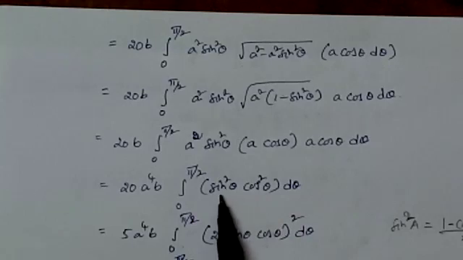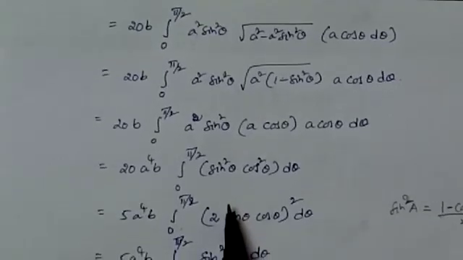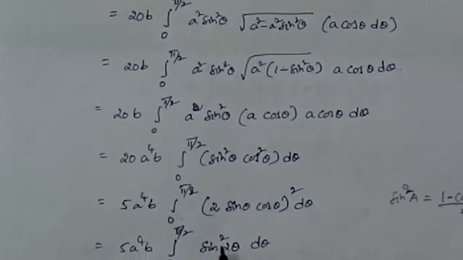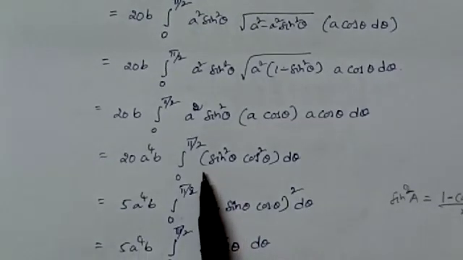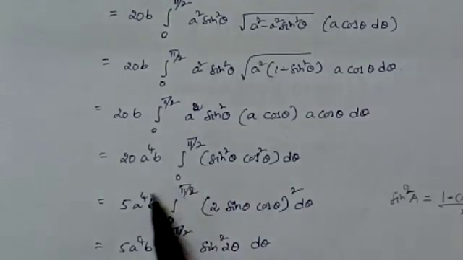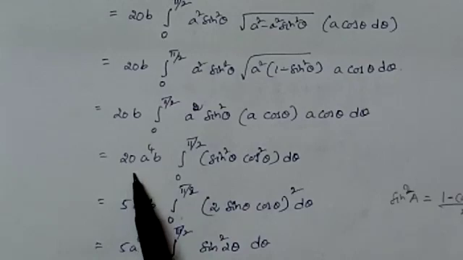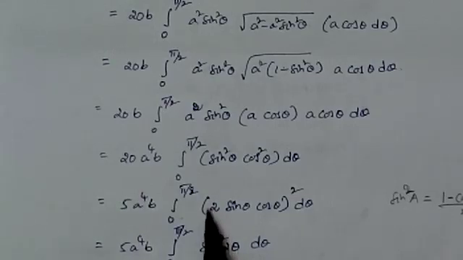For this, if I multiply with 2 square, then you will get sin 2 theta, that means sin square 2 theta. Here what I am doing is multiplying with 2 square, and that 2 square I have taken from this 20. So 20 I can write as 5 into 4, and that 4 I have written in terms of squares, that is 2. 2 sin theta cos theta whole square d theta.